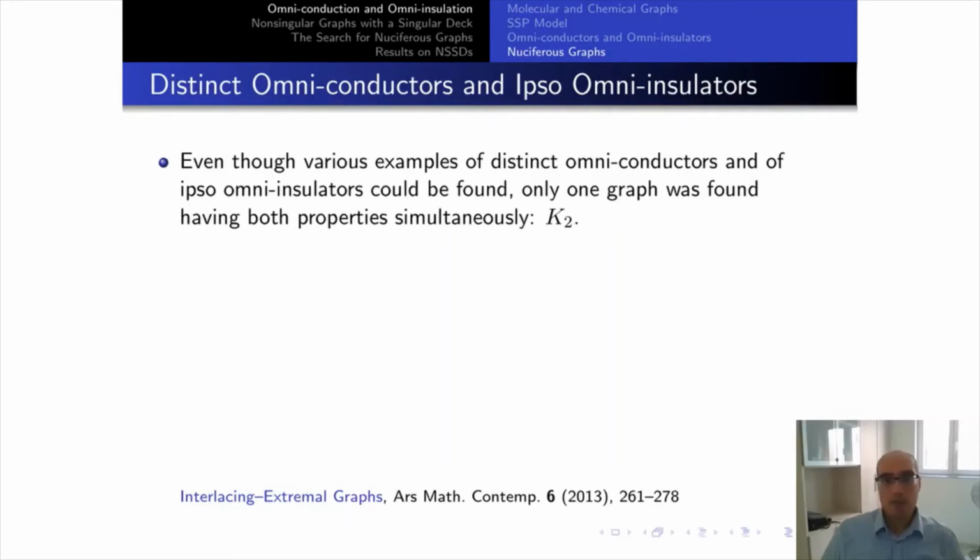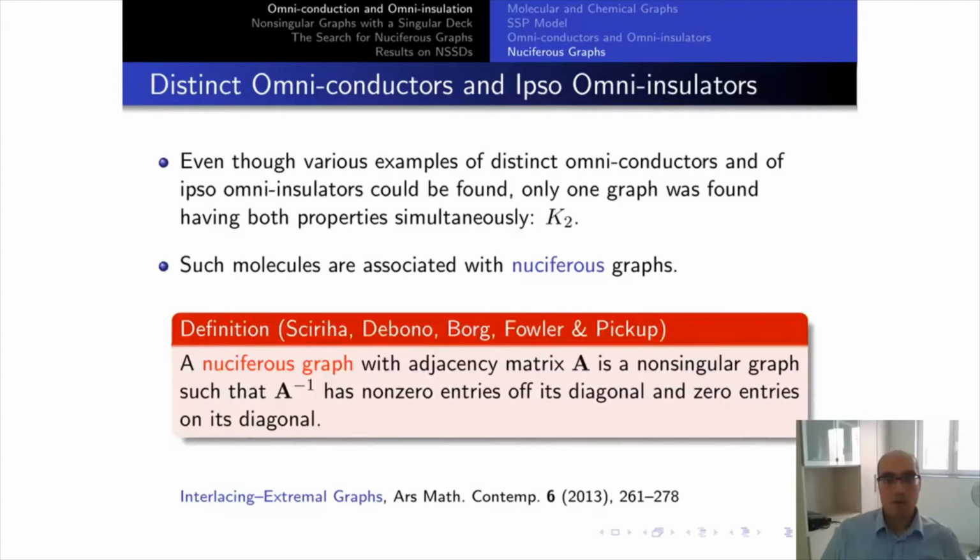Unfortunately, for this case, having a molecule that is distinct omniconductant and at the same time ipso-omni insulating as well, only one graph could be found, which is a very trivial graph, K2. So the authors of the following paper, Interlacing Extremal Graphs, called these molecules nuciferous graphs.